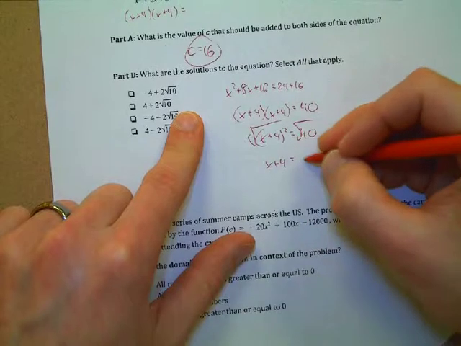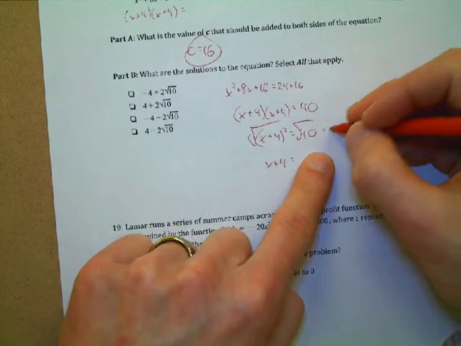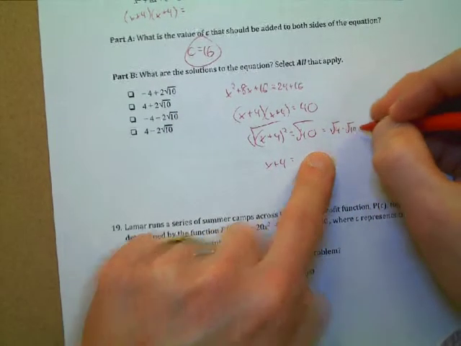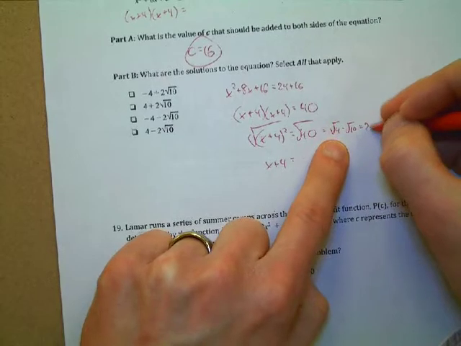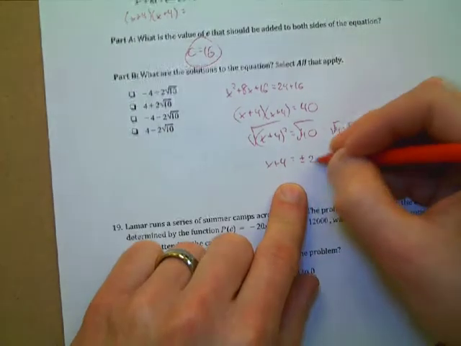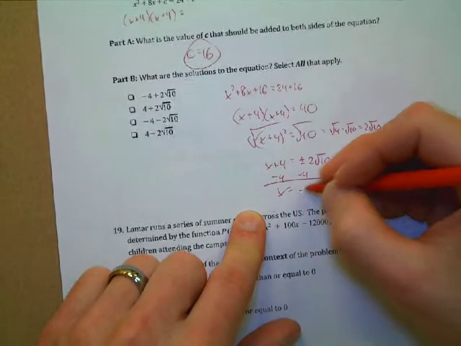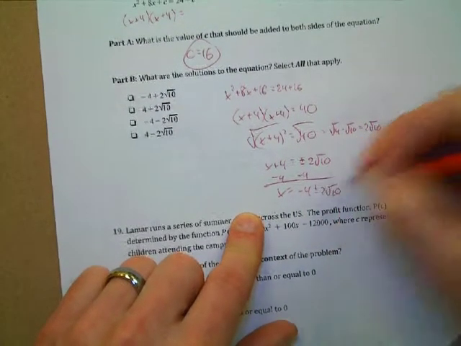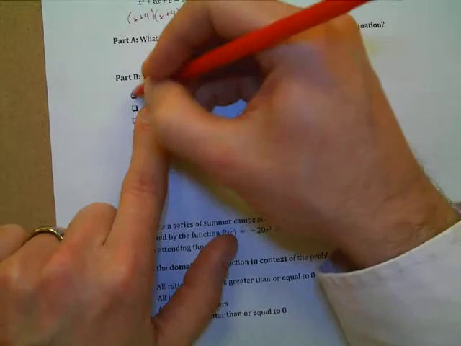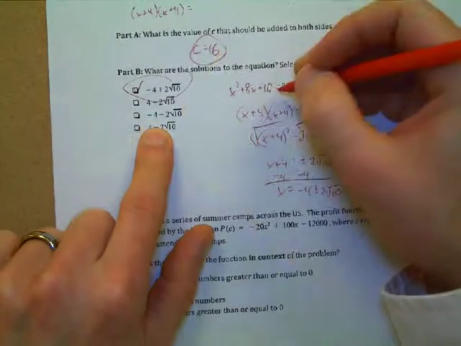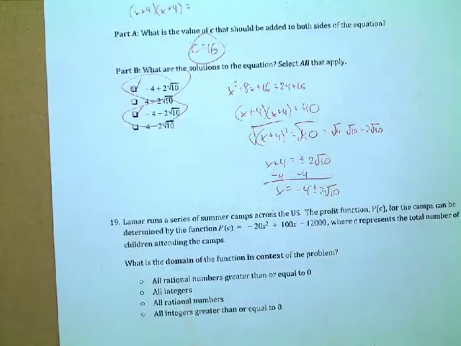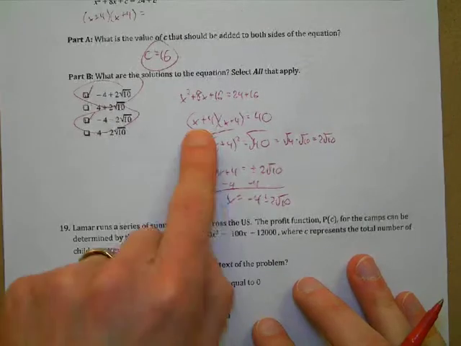Now the square root of 40, we can break that into root 4 times root 10, and we do that because root 4 is equal to 2. So we'll have plus or minus 2 root 10. So we'll subtract 4 from both sides, and we get x equals negative 4 plus or minus 2 root 10. So negative 4 plus 2 root 10, check this one. Negative 4 minus 2 root 10, check that one. Okay. You could also use the quadratic formula. If you want to multiply this out and subtract the 40 over, you could use the quadratic formula there too. It would simplify to both of those as well.